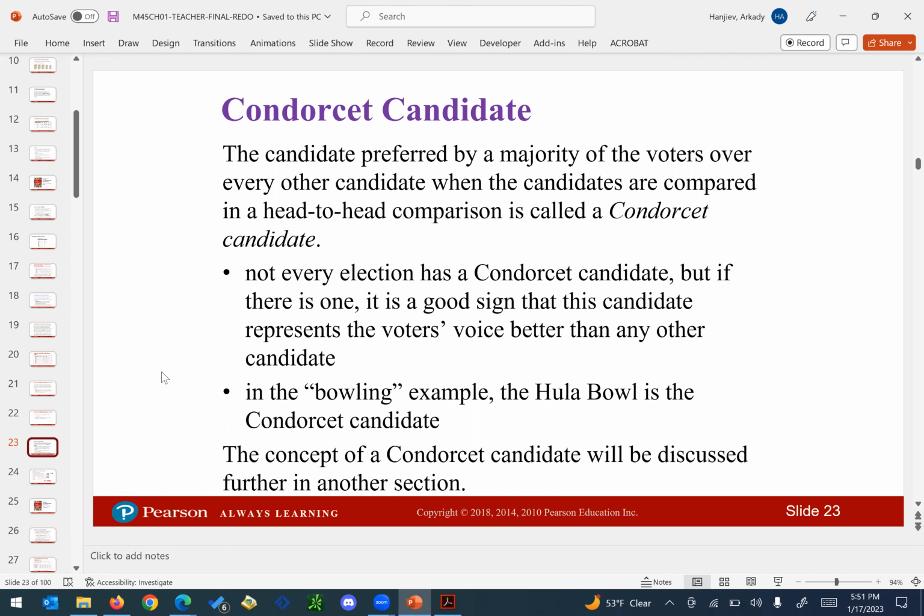Not every election has a candidate like this, but there may be one. It's a good sign that this candidate represents, for the voters, the better choice overall, not by the plurality vote. So in the bowl example, the Hula Bowl is this Condorcet candidate. Again, we'll discuss this a little bit later on in the course.